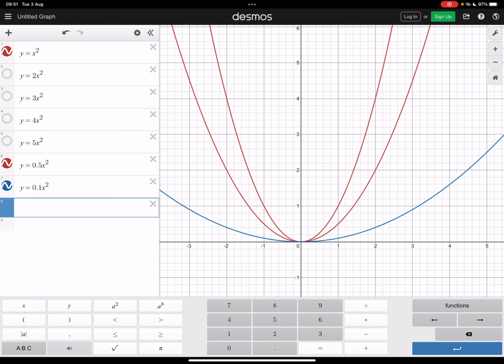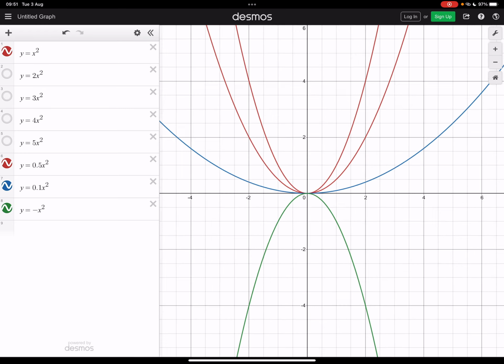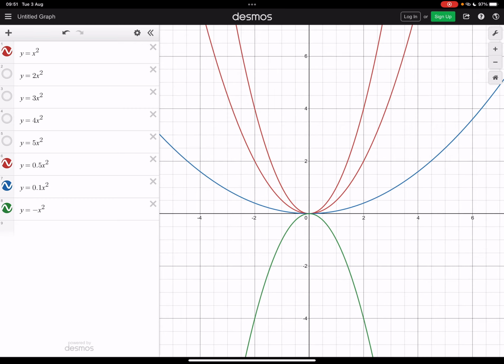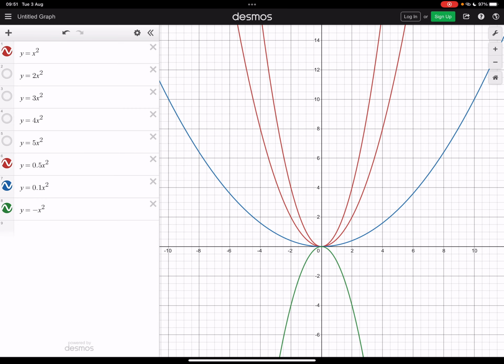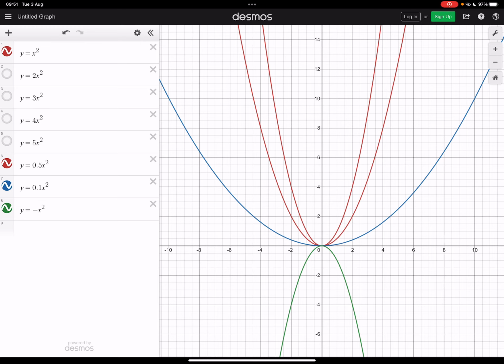And now what if we do y equals negative x squared? As soon as we put a negative in, as discussed in class, we go from happy faces, or positive graphs, to a downwards or negative graph instead.